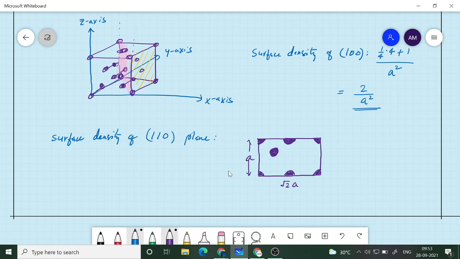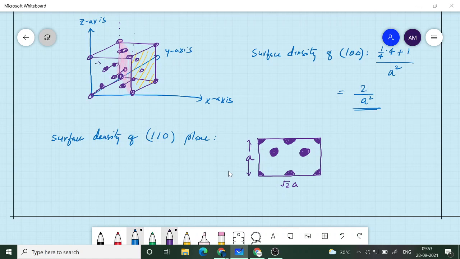This is coming from the second FCC lattice. From this picture, I think it is not that clear, but if you correctly take the dimensions, all you need to do is move a by 4 along the x-axis, a by 4 along the y-axis, and a by 4 along the z-axis, and the resulting point will be in this plane, when it is from the left surface.